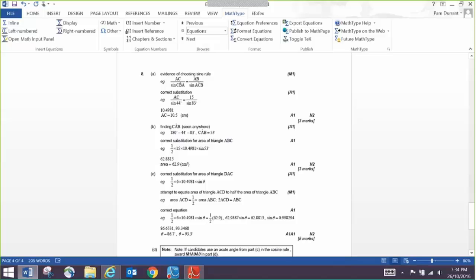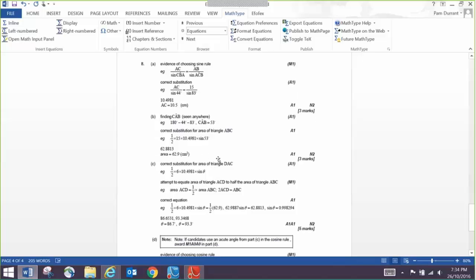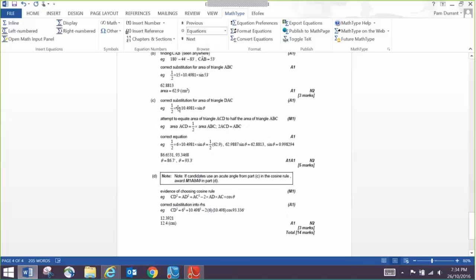In part B, if you use the original value or the 10.5, you get the same answer. But in part C and D, if you did not use the fuller answer, 10.4981, you actually do not get the same answers to 3 significant figures, and so those questions were marked incorrect.